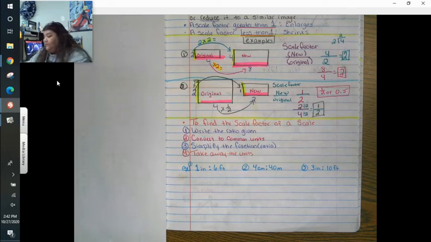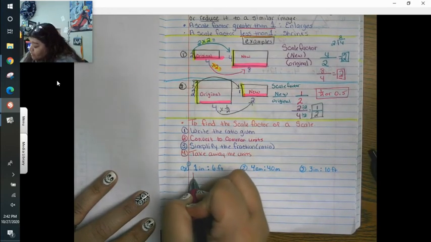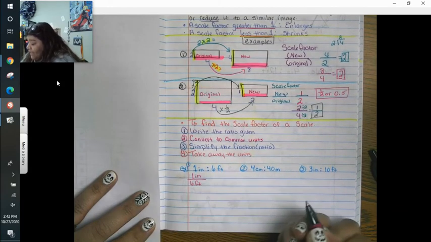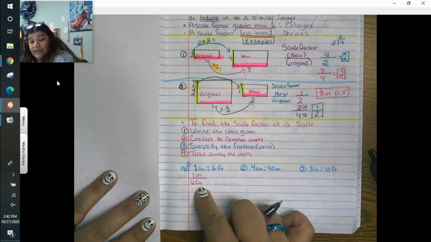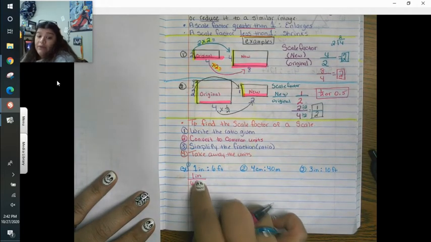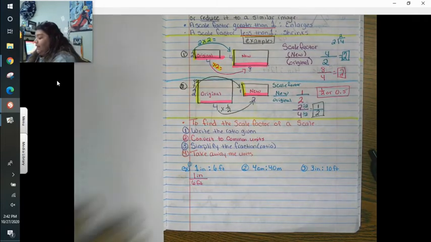So let me show you how that works, okay? So here's my first example. I have 1 inch, I'm gonna write it here, to 6 feet, okay? I need to convert these into inches because inches is smaller than feet. So I definitely wanna be multiplying rather than dividing. I do not wanna go to dividing, okay?